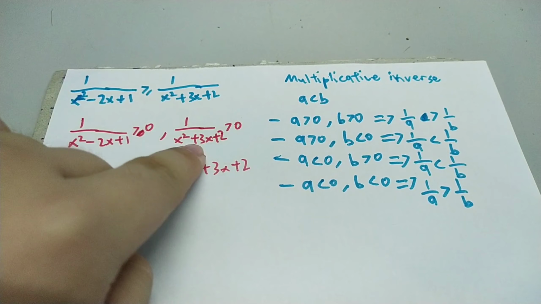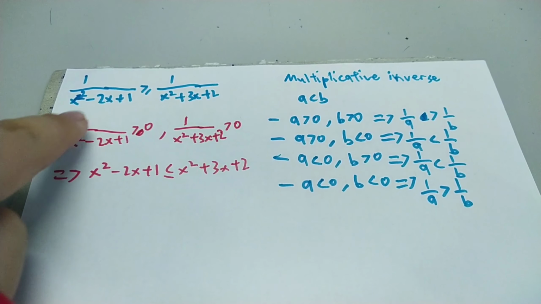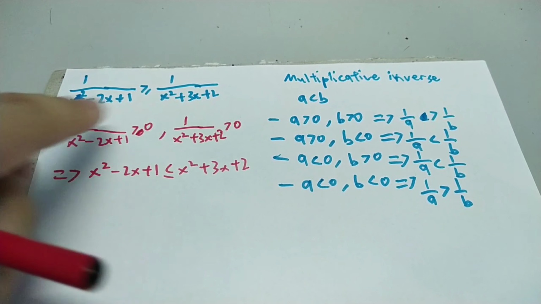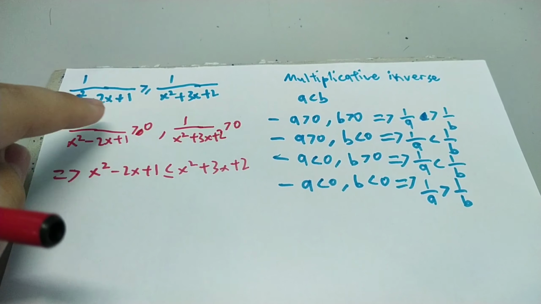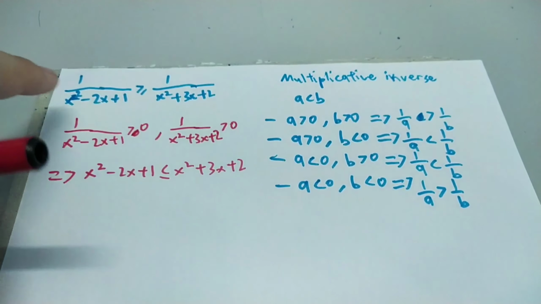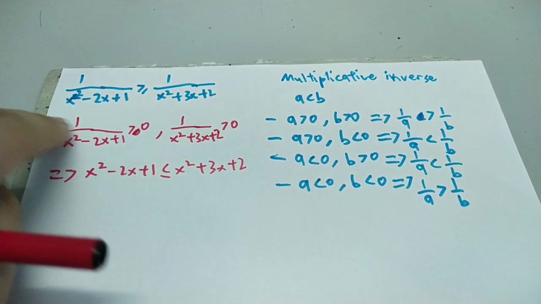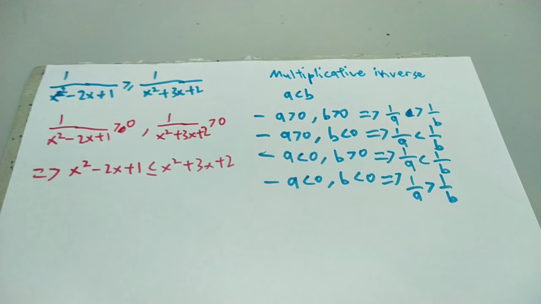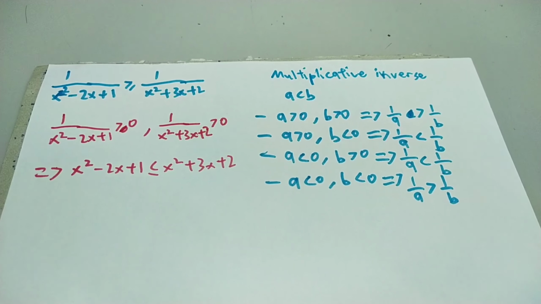Now, we still can solve the inequality easily, right? What this says is we have to make sure that this must be positive and this must be positive. So in order for this rational function to be positive, the bottom part must be positive because the 1 is already positive.